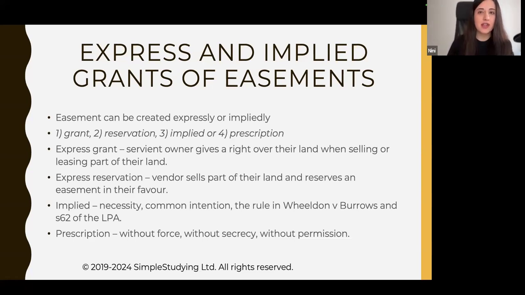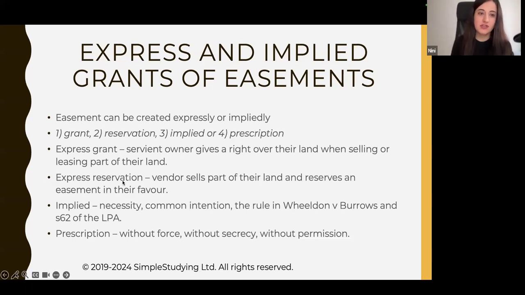But that other part does not have access to the highway, it's landlocked. And that's why the owner may decide to grant an easement to whoever buys that land to access the highway. That is just an example of the kind of circumstances in which the seller may want to grant an easement.